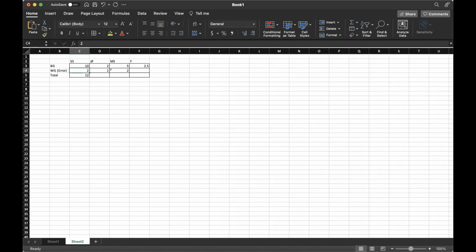You just have to fill in this table. The sums of squares are given through other calculations, and then you divide your degrees of freedom into your sums of squares to get your mean squares. And then the F value is the ratio of mean square between groups to mean square error. And so there's that.